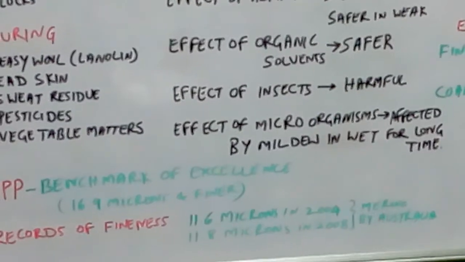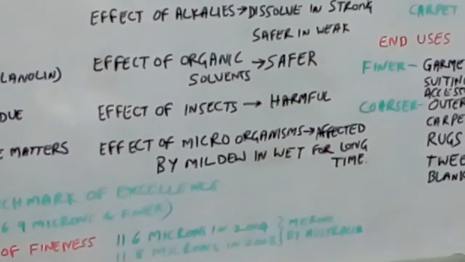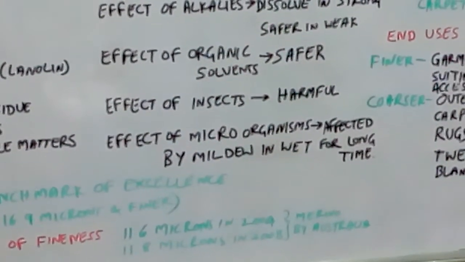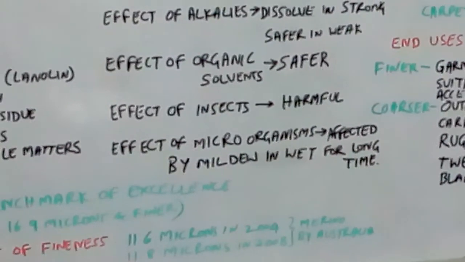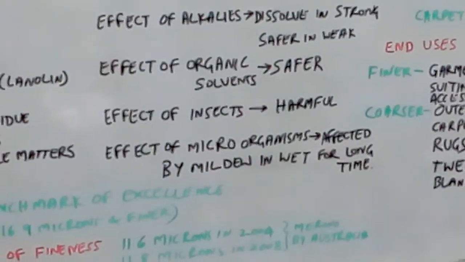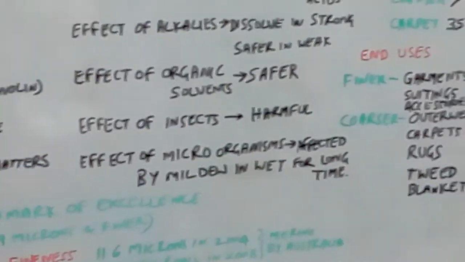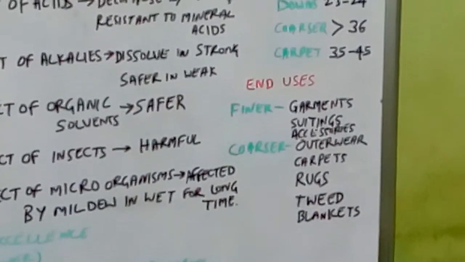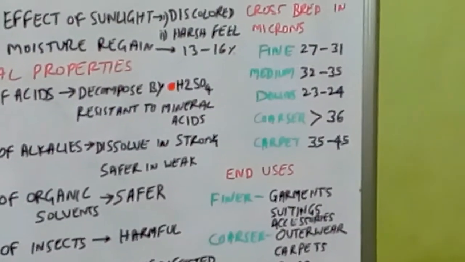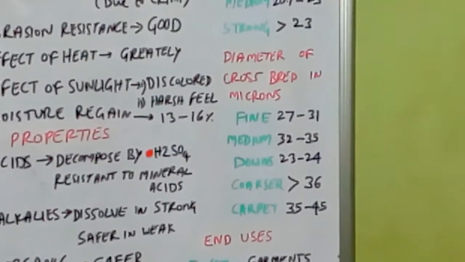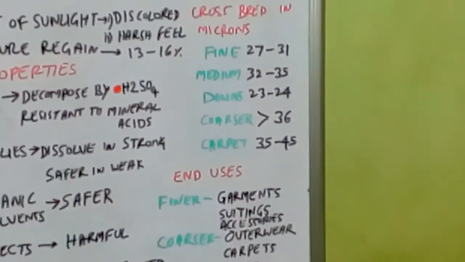And the 11.6 and 11.8 microns are very costly wools, and technically challenging garments are made from these merino wools.